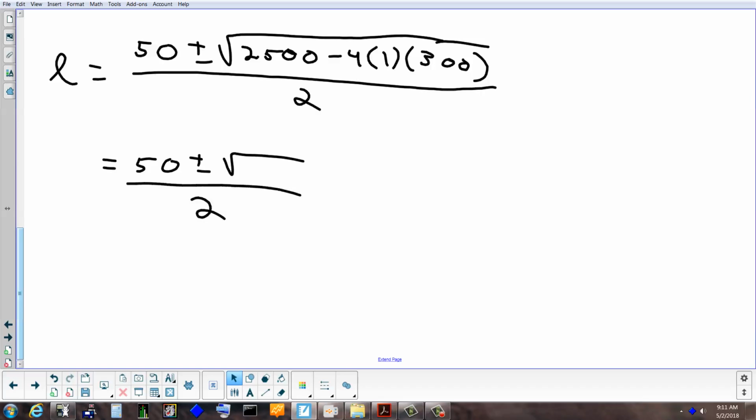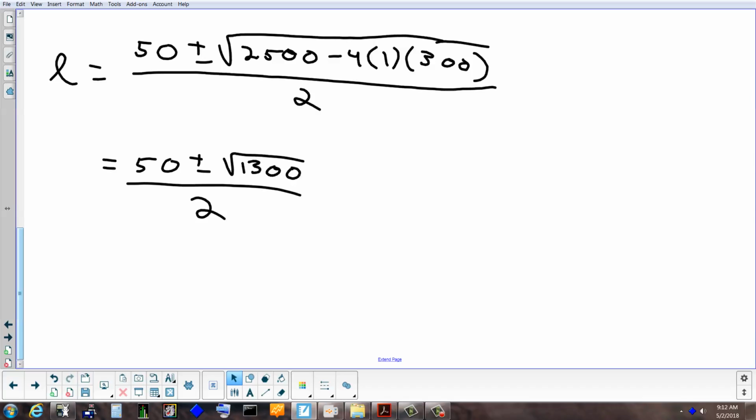You don't have to give me a decimal on it. I just want to know what the radicand would be. 1,300. 1,300. Yep. Yes, you are right. Sorry. Yes, square root of 1,300. And that's the answer. So now we just have to plug those in and see what they come out to.